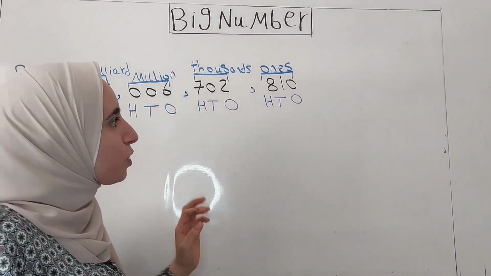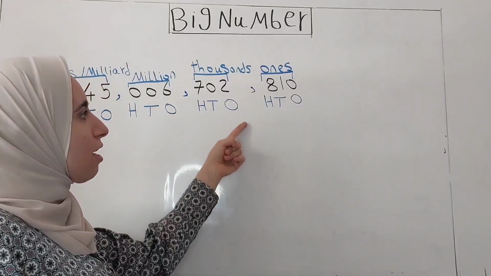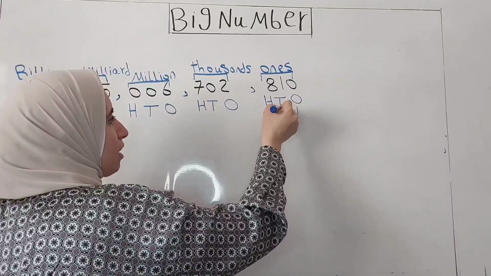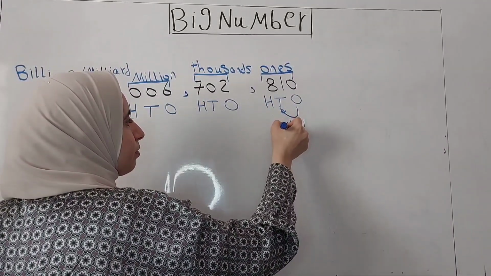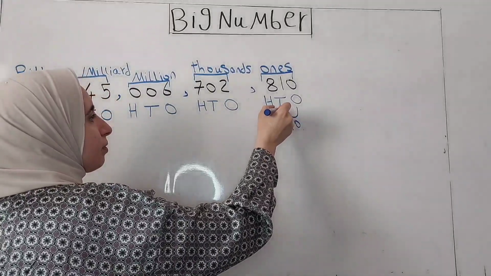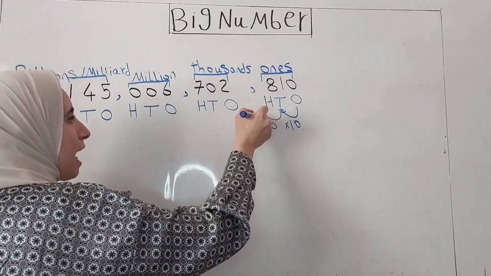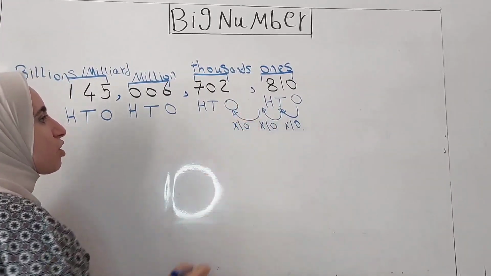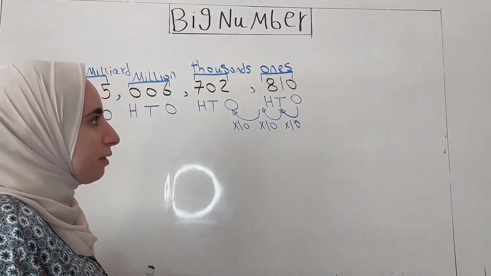As we go from one place to the next higher place, the digit increases in value by the multiplier of 10.